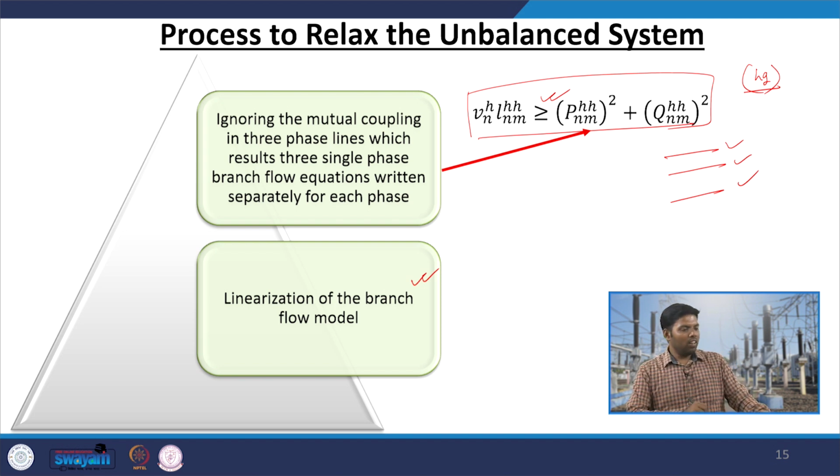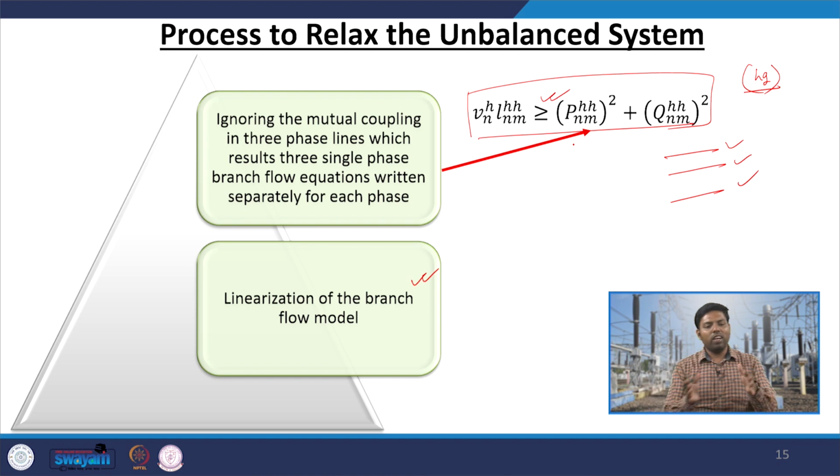Generally, for a balanced system, we do not adopt the linear model, because we already have SDP relaxation, SOCP relaxation, and many convex relaxation techniques. If you replace a non-convex with a convex, you are approximating, losing some accuracy, but not much. But if you go for linearization, there is a high chance that you are deviating from your original solution.